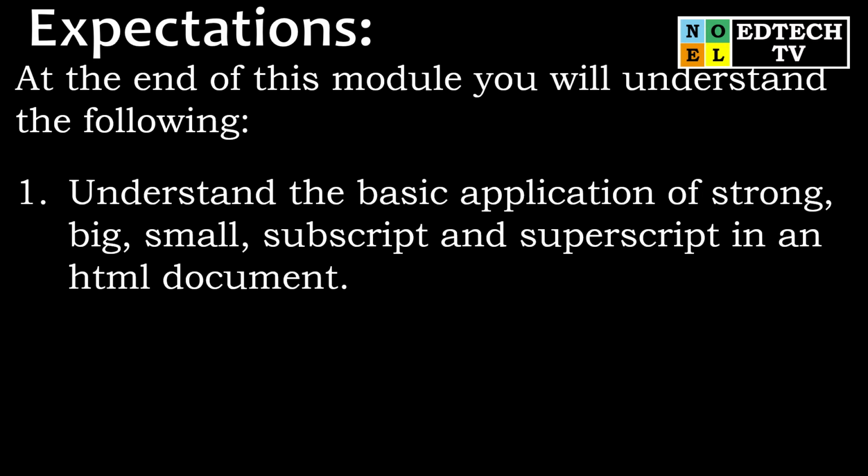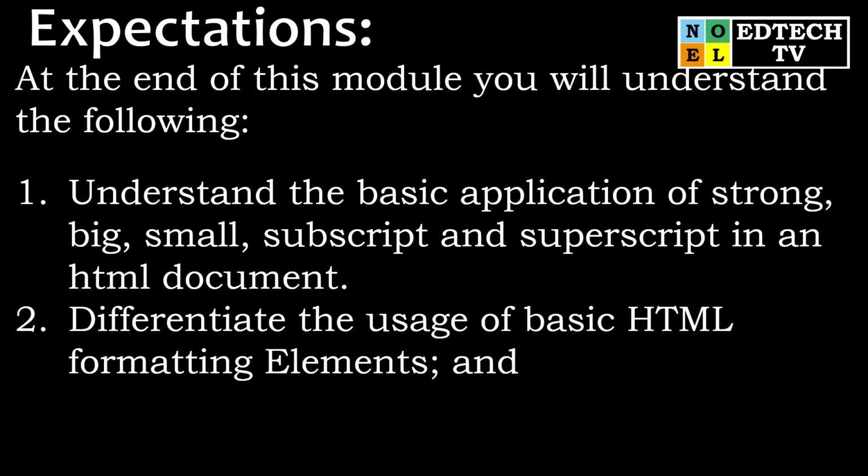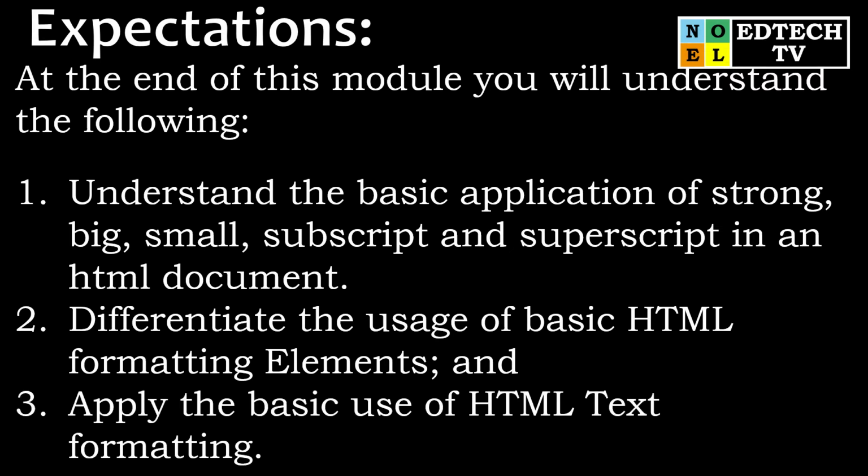First, understand the basic application of strong, big, small, subscript, and superscript in an HTML document. Second, differentiate the usage of the basic HTML formatting elements. And the third is to apply the basic use of HTML text formatting.